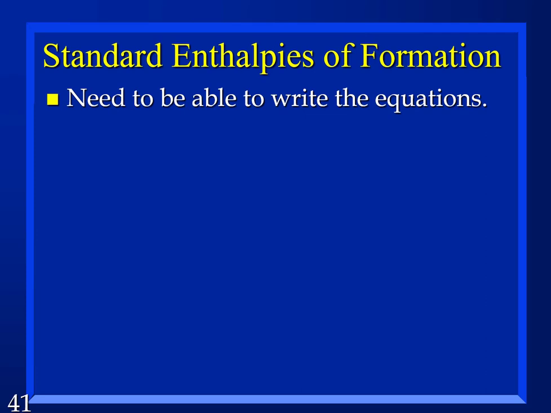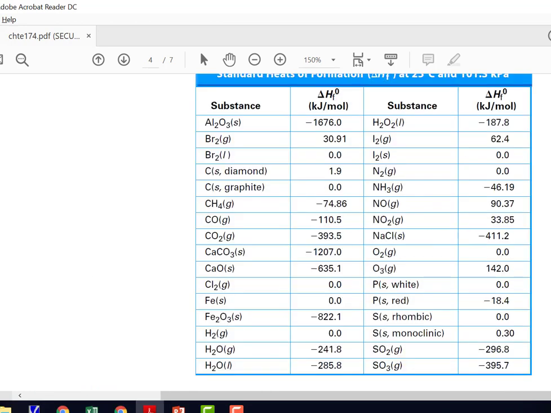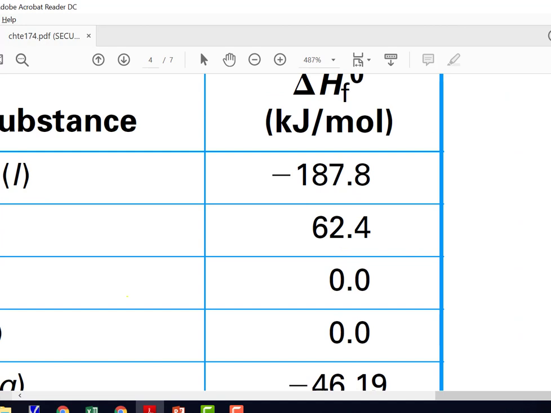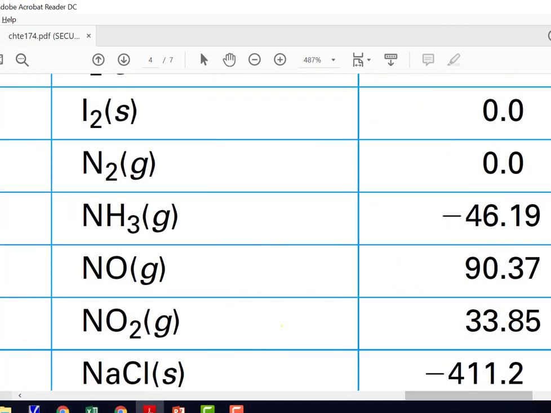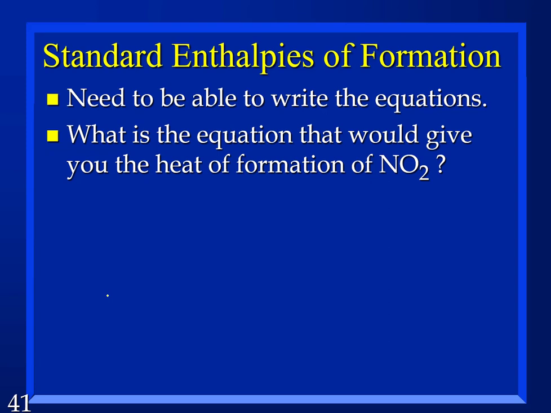For example, NO2 is right here, and it says NO2 gas is 33.85 kilojoules. What reaction is that 33.85 talking about? What's the equation that would get you those, where you would have to put in those 33.85 kilojoules for NO2?